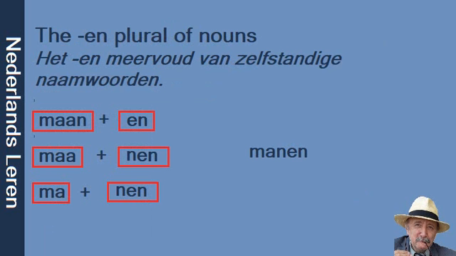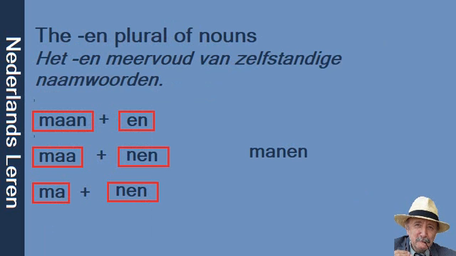Now something about the plural of nouns. In Dutch, the plural of most nouns ends on -en. For example, maan, the moon, the plural is manen. But if you split manen into its two syllables, you have one open syllable and one closed.